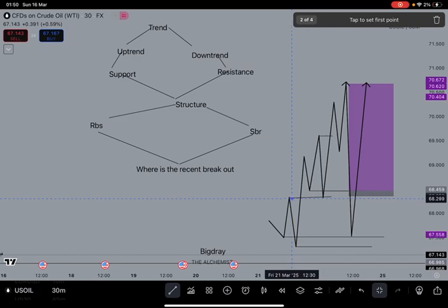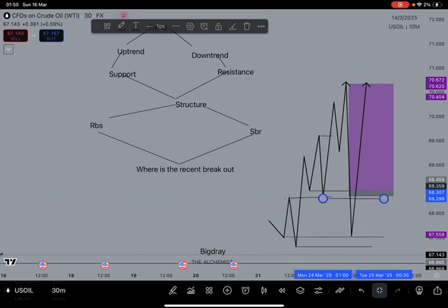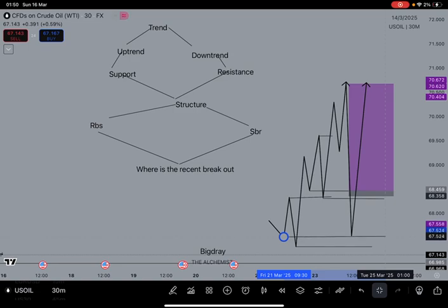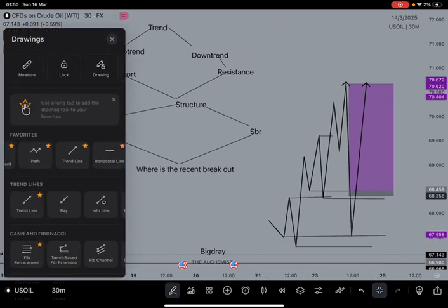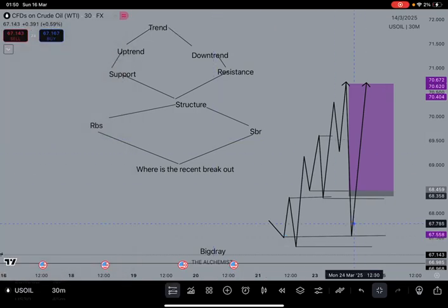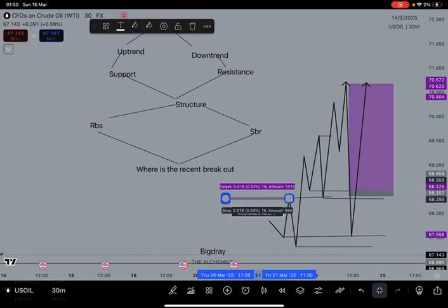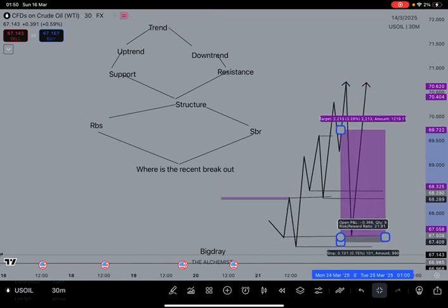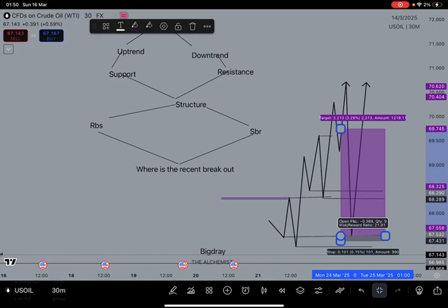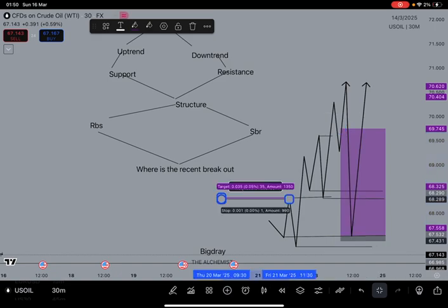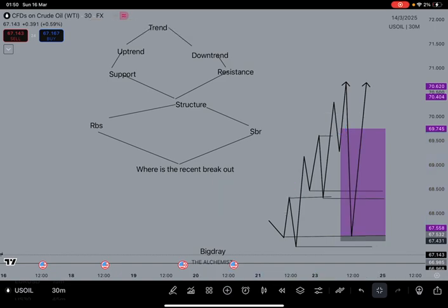After this market structure shift, this is your first pullback. You can see how everything is correlating with each other. So the next thing you look for is what? The next support. And you take it like this. Voila, deal. I take it like this. You can see now. That's how we take our support and resistance.